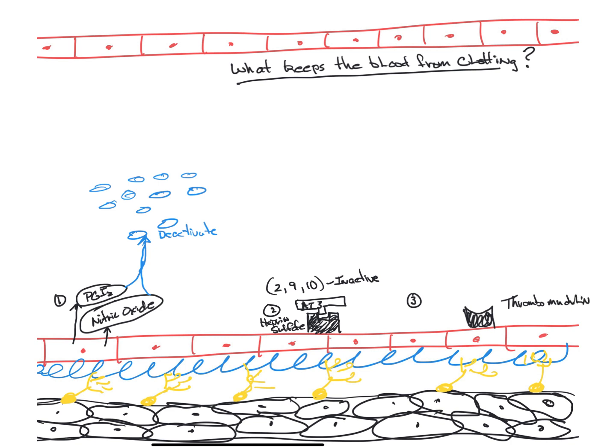Thrombomodulin is on the surface of the endothelium inside the vessels, and what it will do is react with thrombin. Remember, that is clotting factor 2. Clotting factor 2.